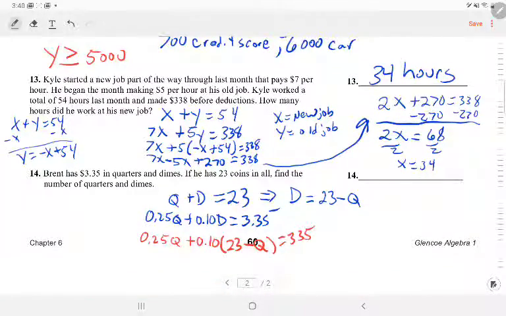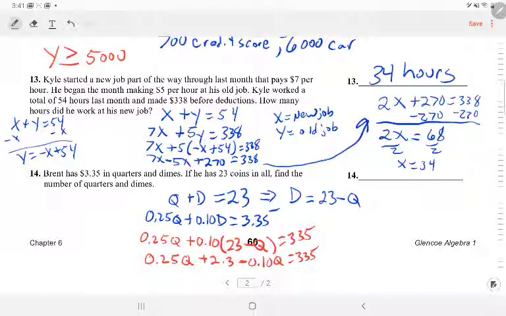All right. So we distribute, and we get 0.25Q plus 2.3 minus 0.10Q equals 3.35.